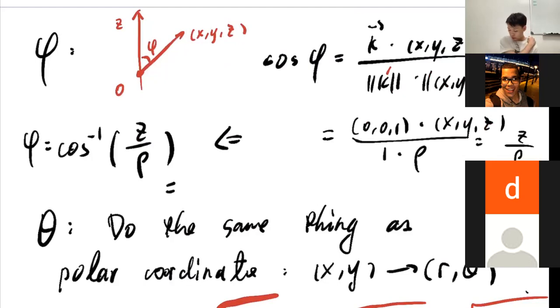Inverse cosine of 2 over 3, I don't know, about 0.841, something like that, if you plug it in the calculator.